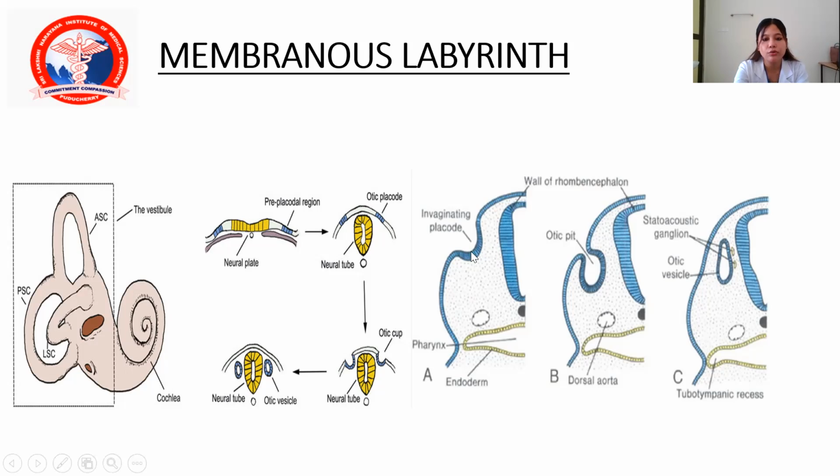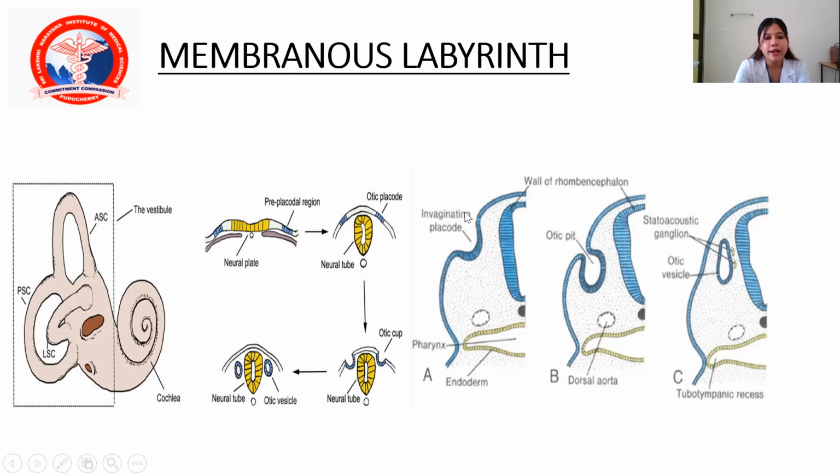So the otic placode invaginates into the underlying mesenchyme, and by that time it is called the otic pit. What do we mean by pit? It is any depression, right? So now it is called the otic pit or otic cup. In this image it is mentioned as otic cup, and here as otic pit. Both are the same.